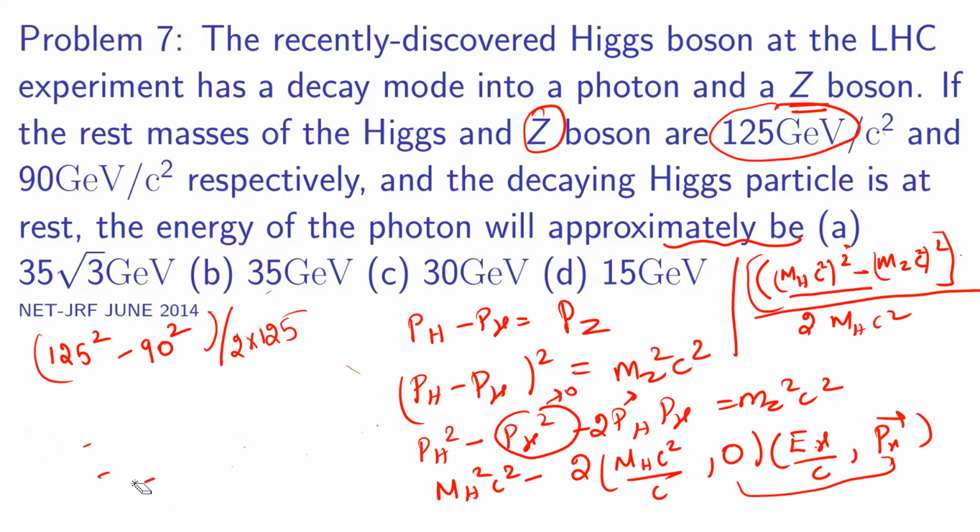Now this is easy to do, I think. You can either do it numerically, but in the exam, no calculator. So I think the easy thing to do is we can write this as 125 plus 90 multiplied by 125 minus 90. Is that correct?